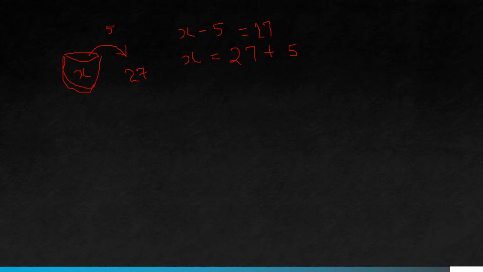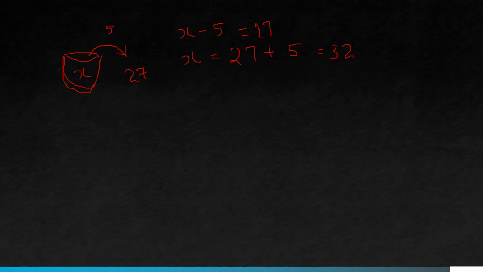So 27 plus 5 is equal to 32. This is how, using algebra, we are able to find out how many marbles were there in this basket earlier.